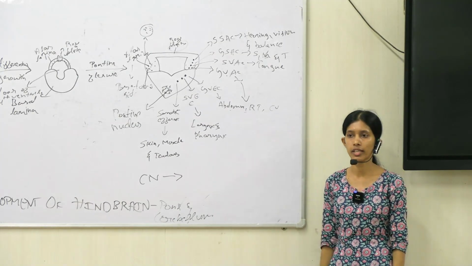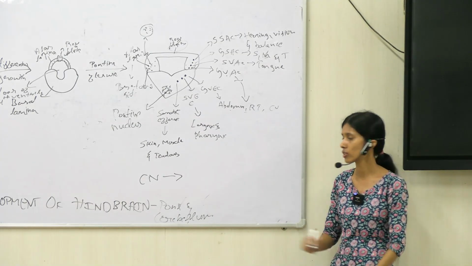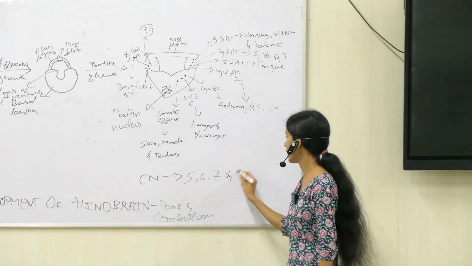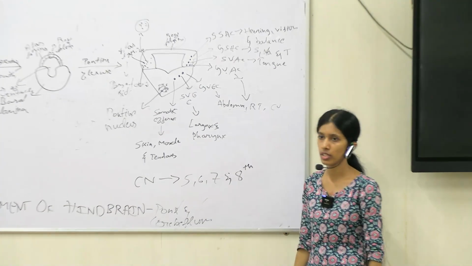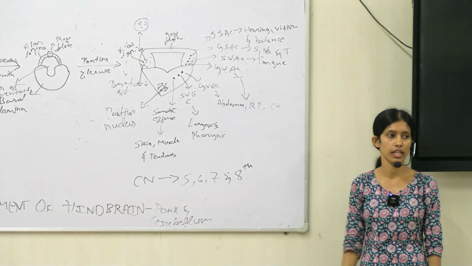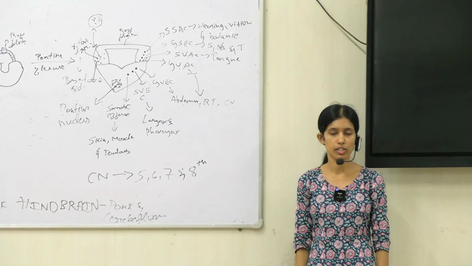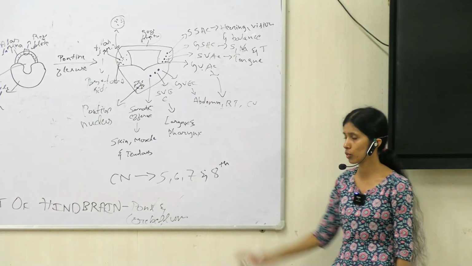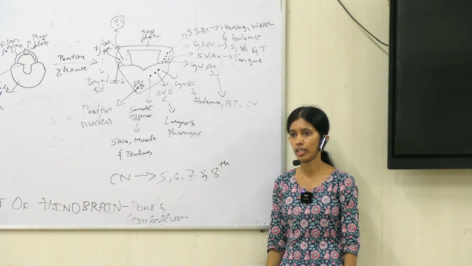In the pons, the cranial nerves related here are the 5th, 6th, 7th and 8th cranial nerves. These are the cranial nerves that are related in your pons region, and the nucleus will also change here. Any idea which nucleus are related here in the pons part?